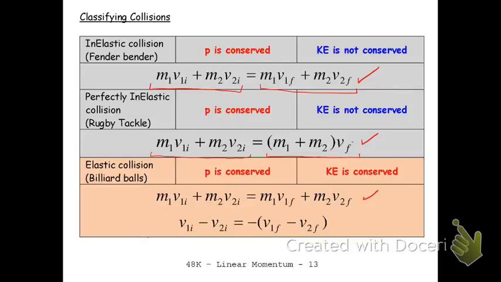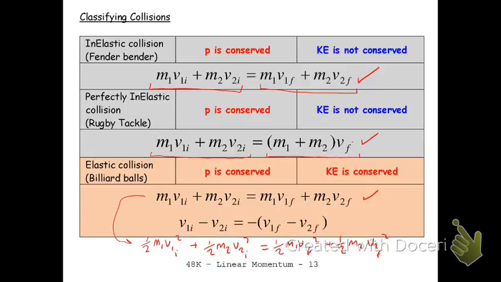And it would be tempting to say a half m1 v1 initial squared plus a half m2 v2 initial squared is equal to a half m1 v1 final squared plus a half m2 v2 final squared. I'm just taking this top line and converting it into a conservation of energy line, yeah?